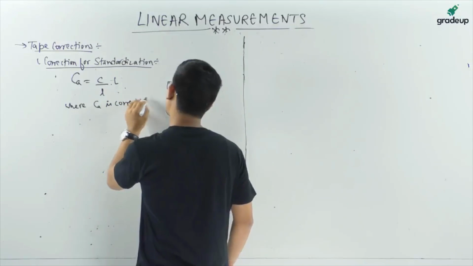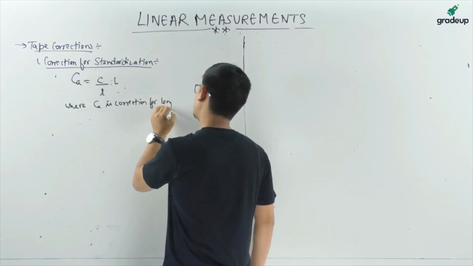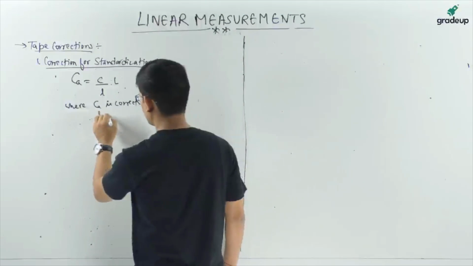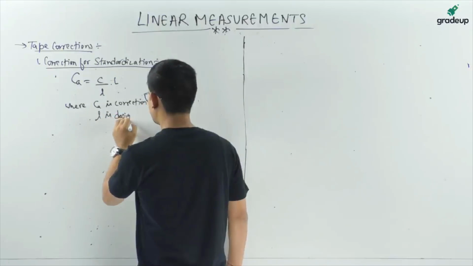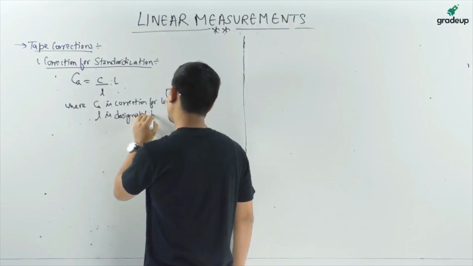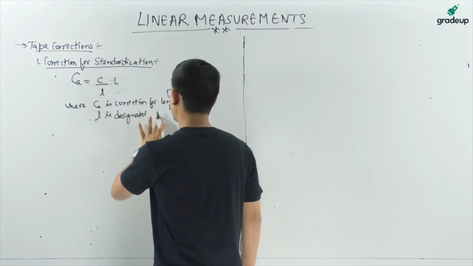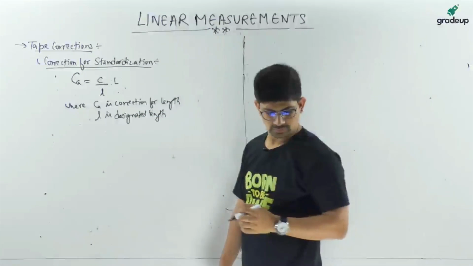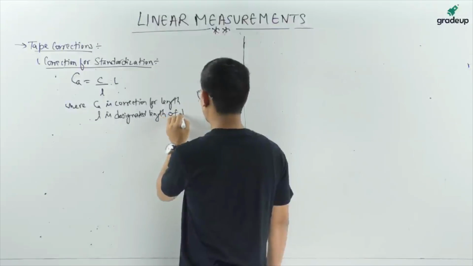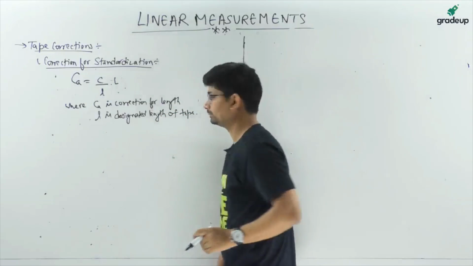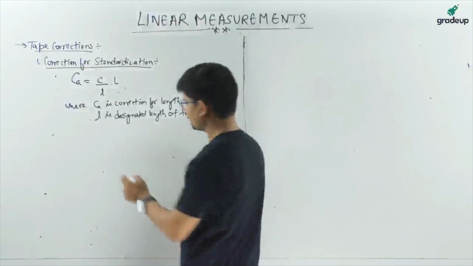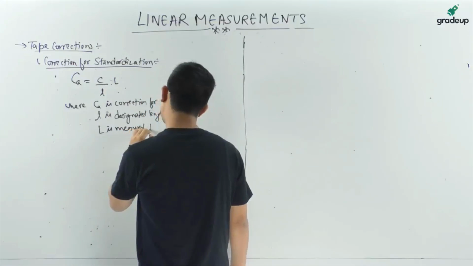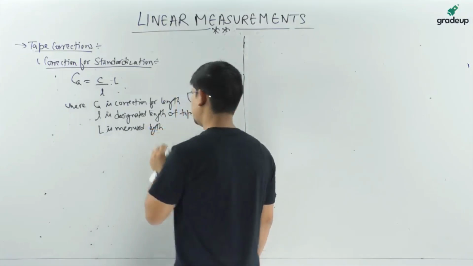correction for length, okay, small l is the designated length of tape. Okay, capital L is the measured length.